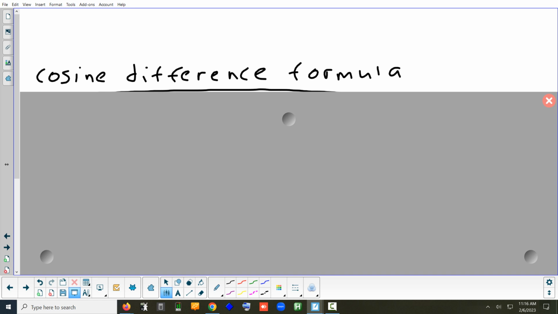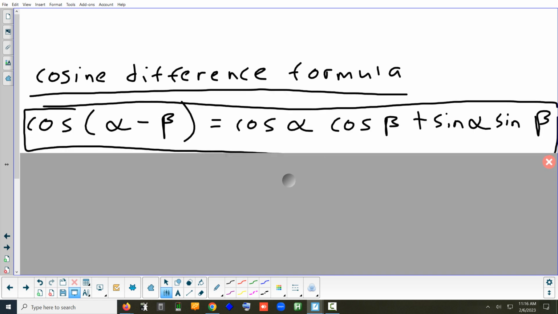So the first formula I'm going to give you, which is for the cosine of a difference, we're not going to prove. But we will prove some other ones after. You just understand that it works. And this does work, and it can be proven. It's just a little bit more than we really want to spend for the value you get out of proving it right now.